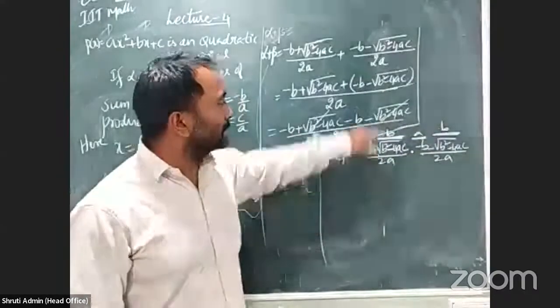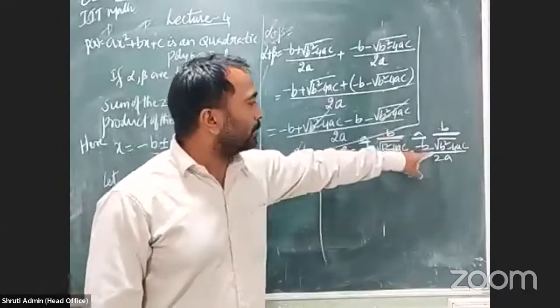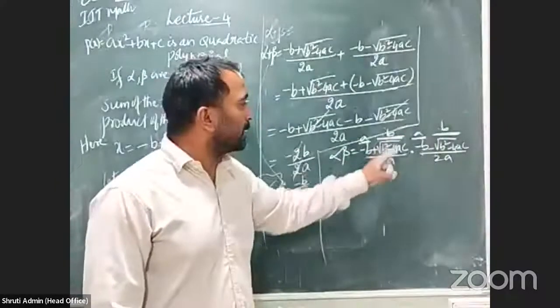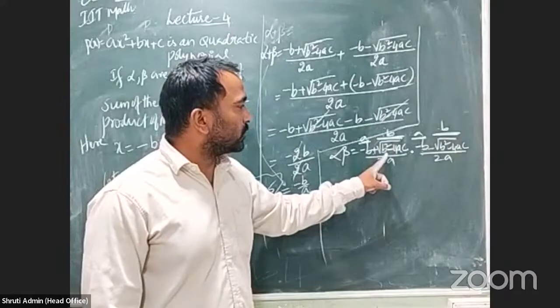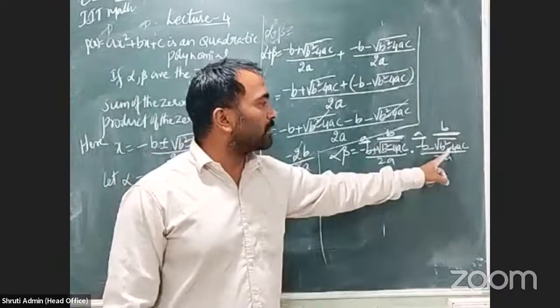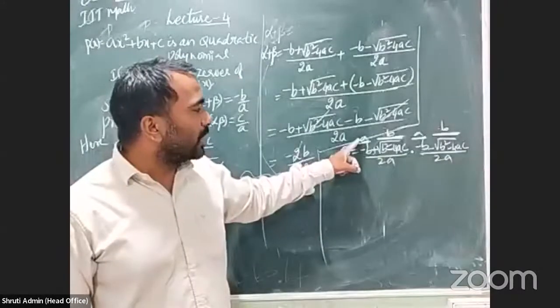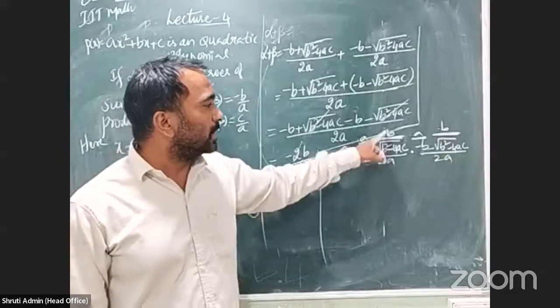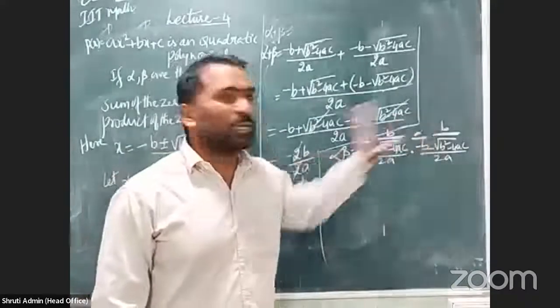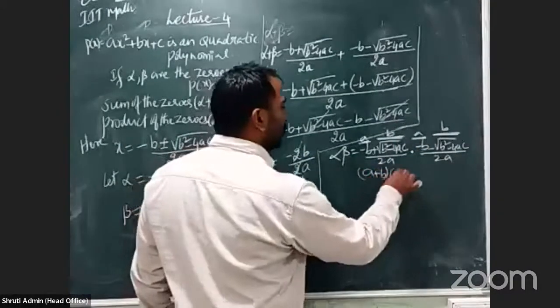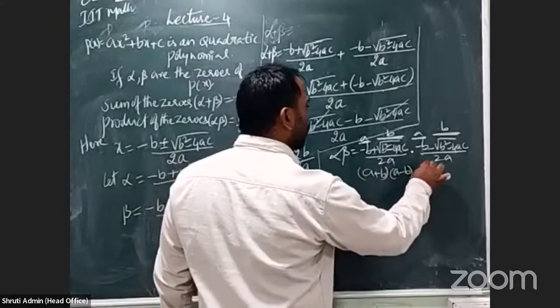Here a means minus b, b means root of b square minus 4ac. Here also b means root of b square minus 4ac. So what formula can we apply? a plus b into a minus b, which means a square minus b square.